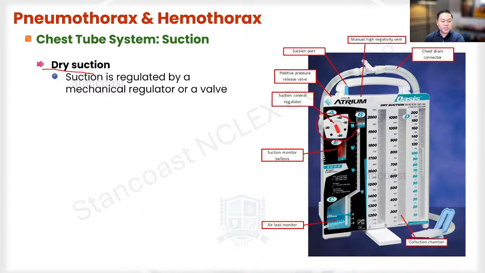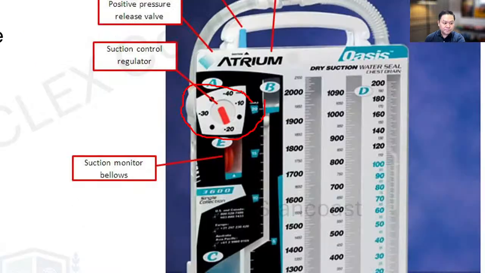Let me change my pointer. So this is going to be where you're gonna regulate the amount of suction. All right, let me enlarge that one. So there's that -20, -30, -40, -10. So this is actually a much better product that can safely regulate the amount of suction for this patient.